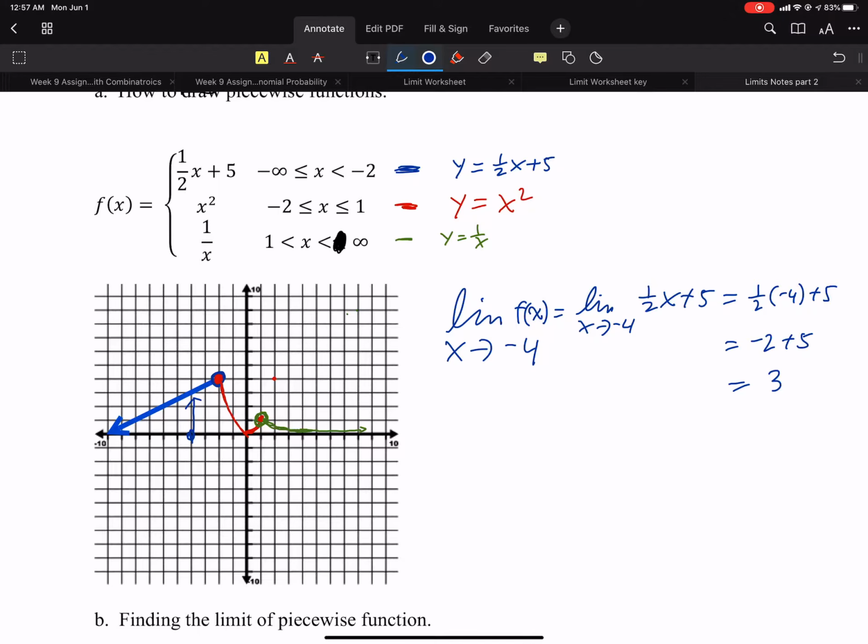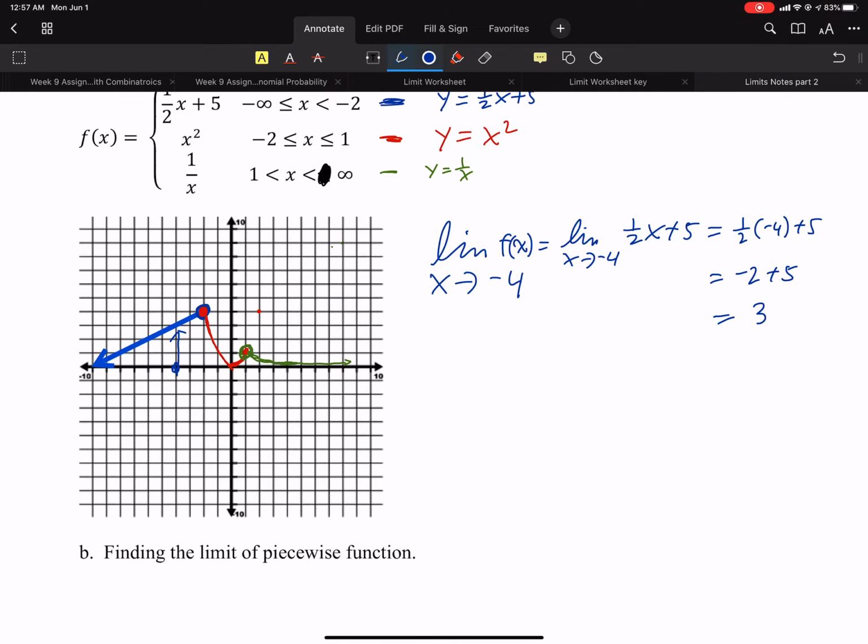Here's the next one. We will do the limit as x approaches 1. When you find yourself at the intersection of two of the separate graphs of a piecewise function, now, assuming you don't have the graph, okay? Looking at the graph, clearly you could see the first answer, but we're going to assume you don't have the graph.